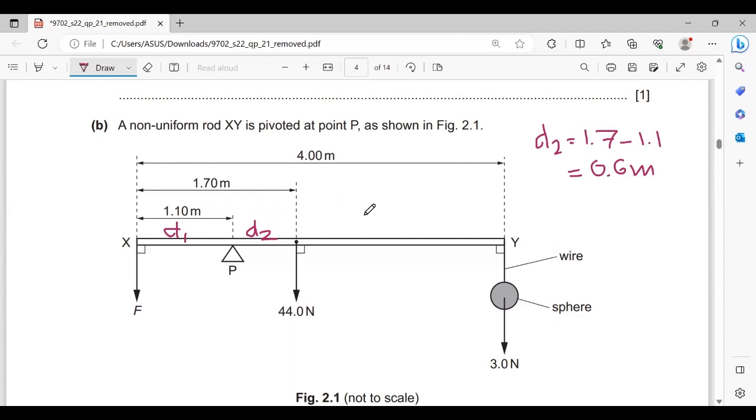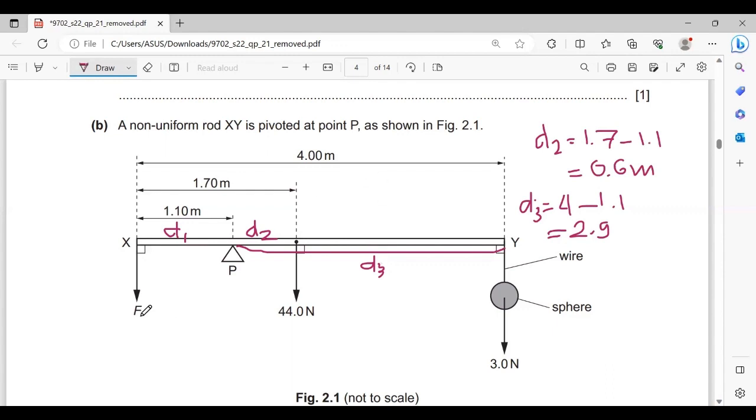And then for distance 3, this is D3. D3 equals 4 minus 1.1, which is 2.9. So distance 1, 2, and 3.